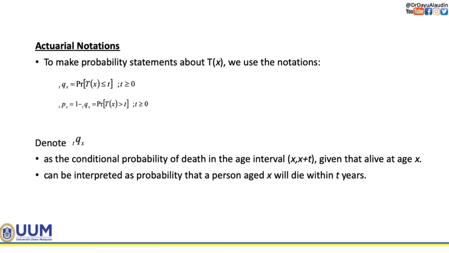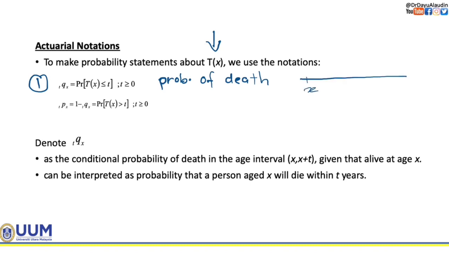To make probability statements about Tx, the future lifetime of X, the first notation is tqx, referring to the probability of death for an individual at age X. If we draw the timeline, X and X plus T. So the future lifetime for X is T.